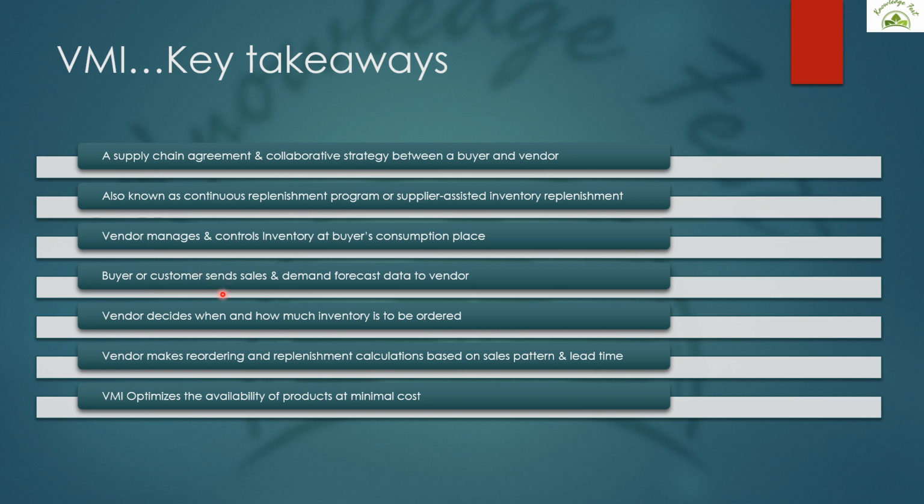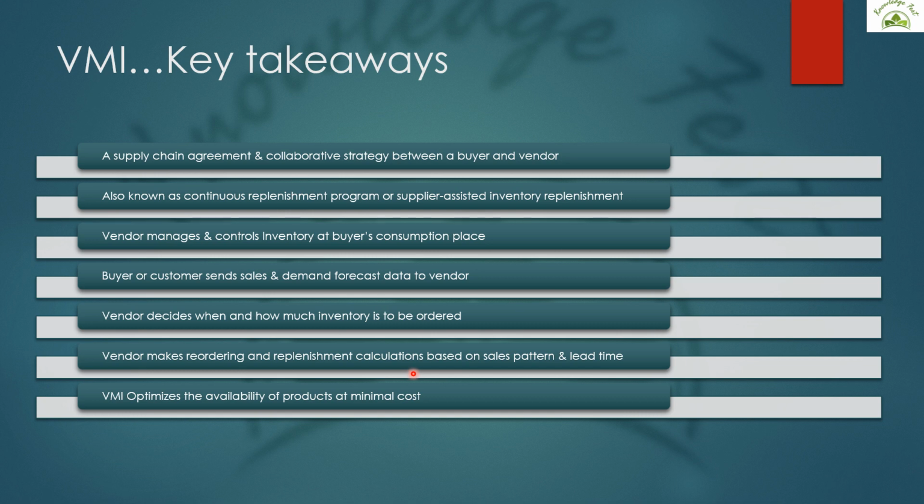Based on the data which is being sent by the buyer or the customer company. So what kind of data? The data is regarding the sales data or the demand forecast data. Based on the actual sales data, the demand forecast data, and the lead time, the vendor company is calculating what would be the reordering quantity and the reordering time, and based on those reviews and decisions, replenishment to the inventory is done by the vendor.